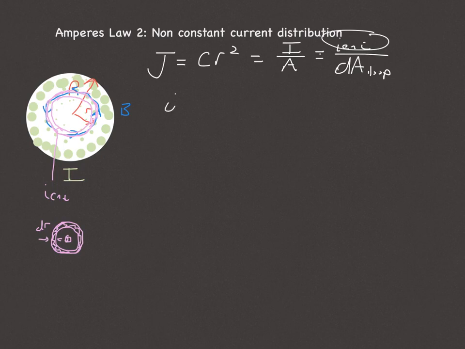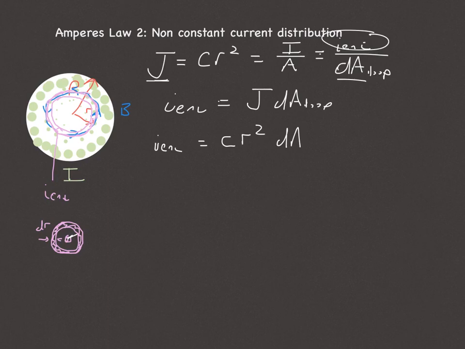So I enclosed has to equal the current density times the area, and we would have to add up all of those little sections out to R. The current density does change as a function of R, so we're going to replace J with the constant times R squared.